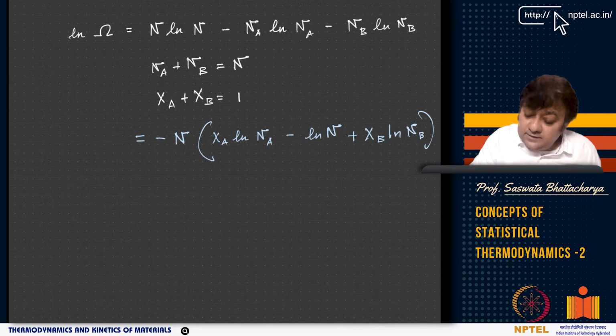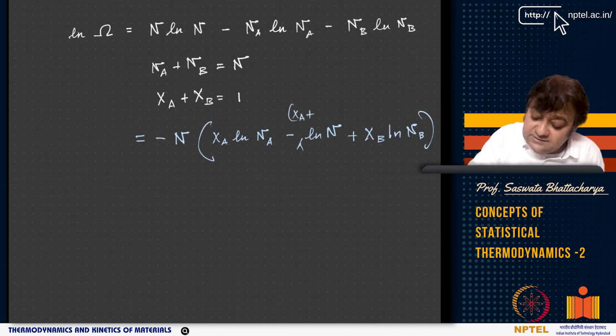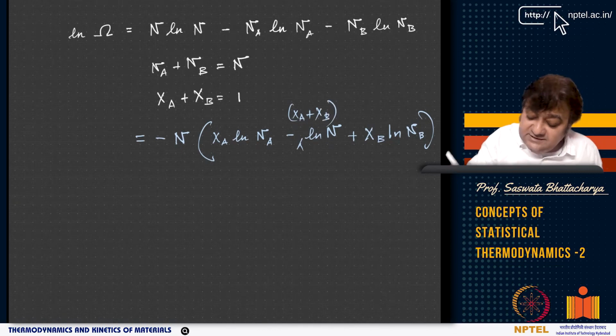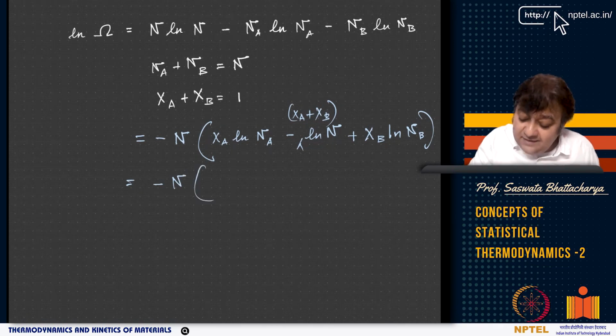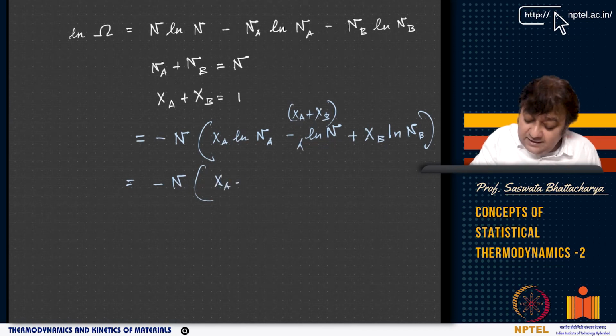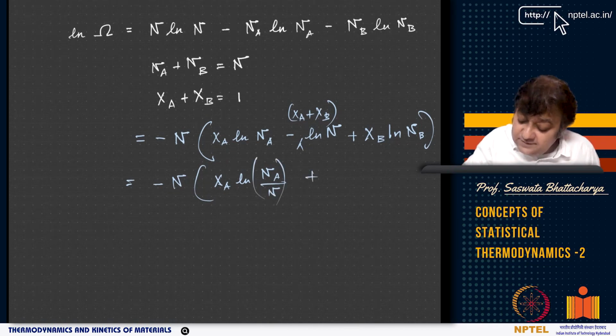Now instead of ln n, here you can add xa plus xb, because xa plus xb equals 1. Using this identity, you can now write this as minus n, and there is a minus xa ln n. So basically this is xa ln na by n, and this will be plus xb ln nb by n.